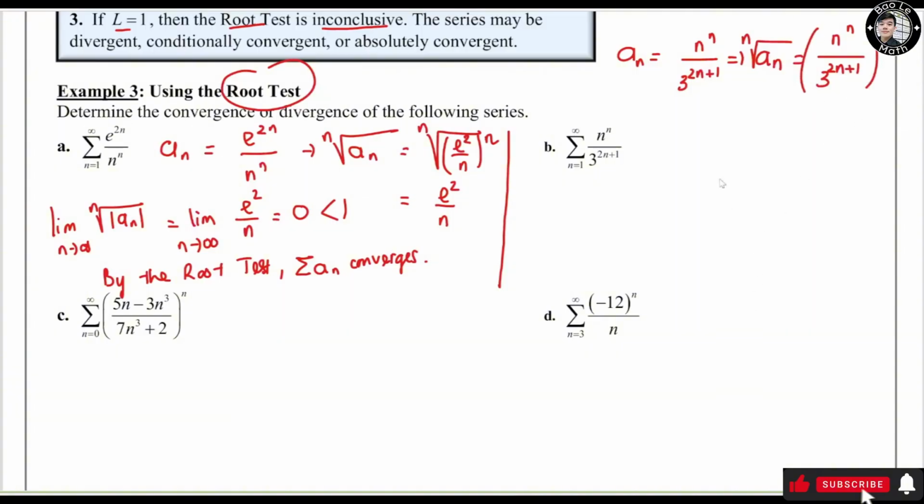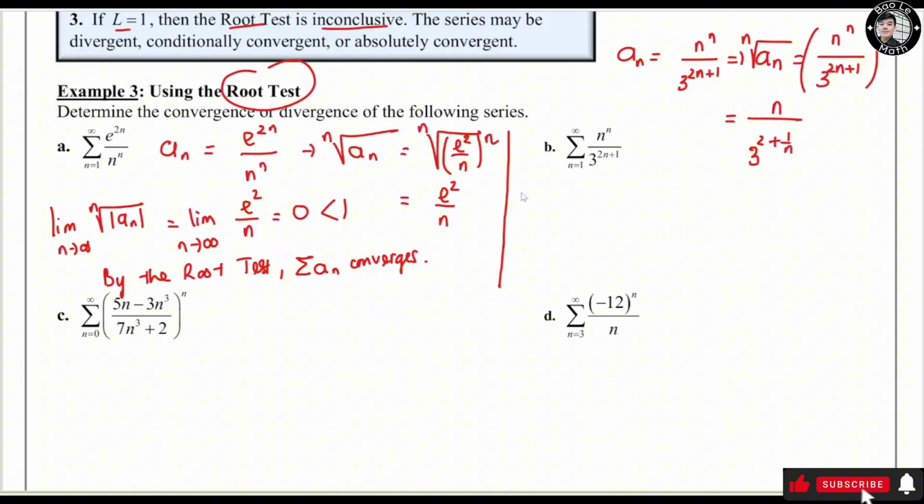Now these powers cancel out, so it's going to be n over, and I'm going to distribute the power of 1 over n, so 2n times 1 over n is going to be 3 to the power of 2 plus 1 over n.